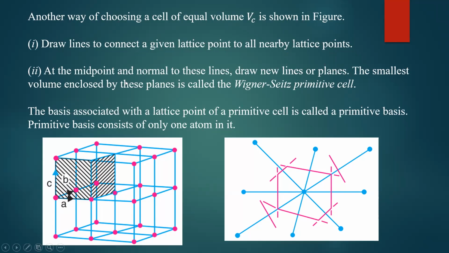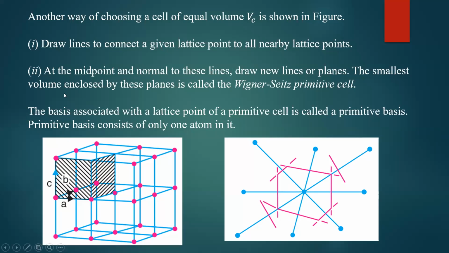Then at the midpoint and normal to these lines, you draw new lines or planes. So to this particular line, you draw one perpendicular at the midpoint. To this line, you draw one perpendicular at the midpoint. Like that, you draw perpendiculars to all the lines joining the lattice points.